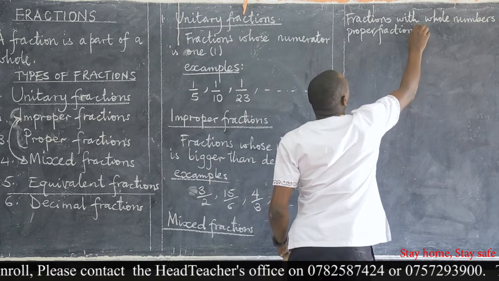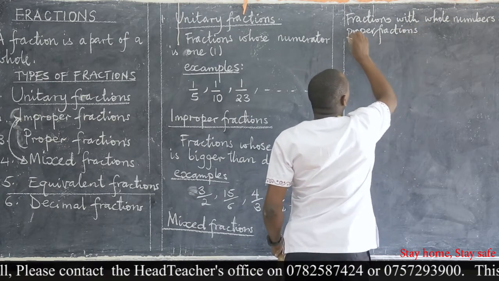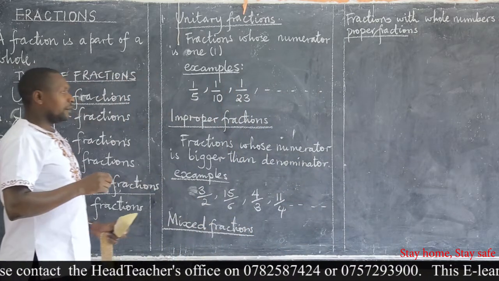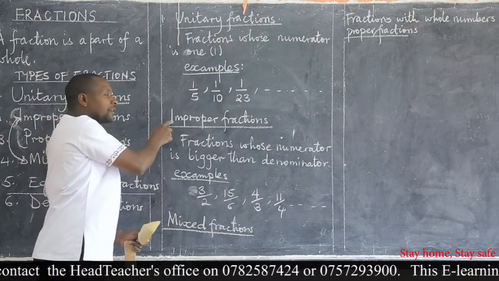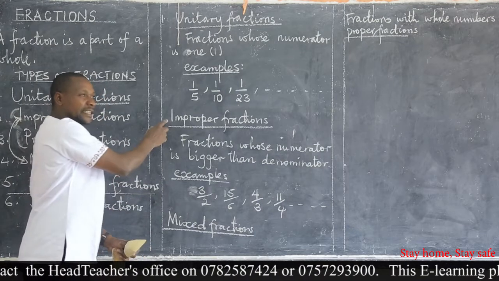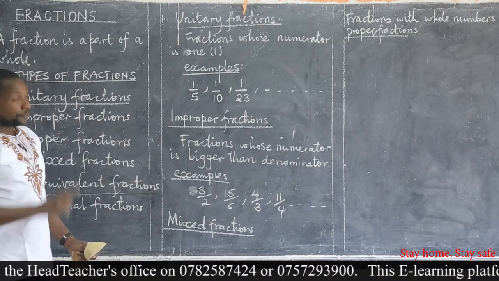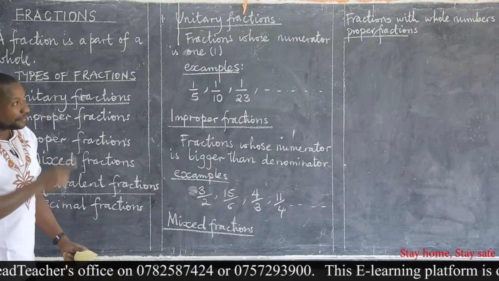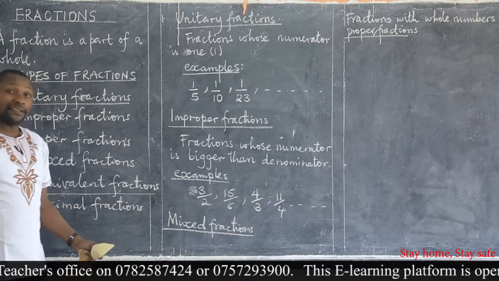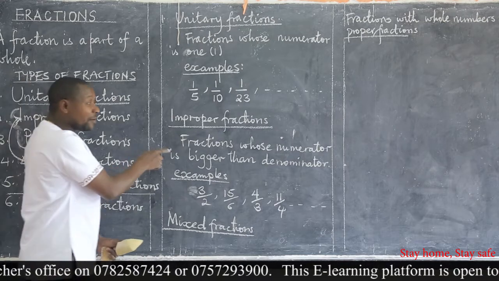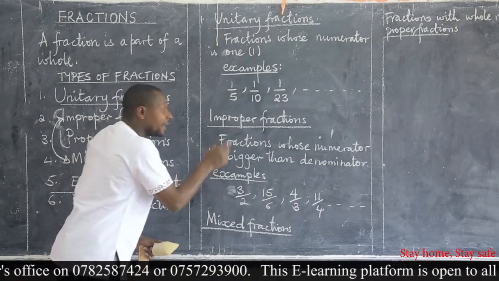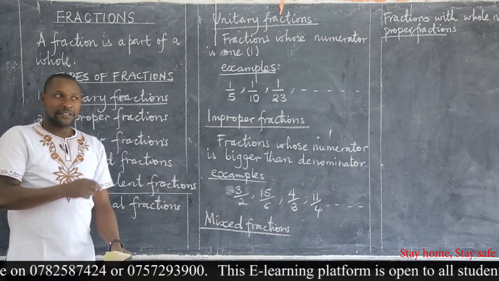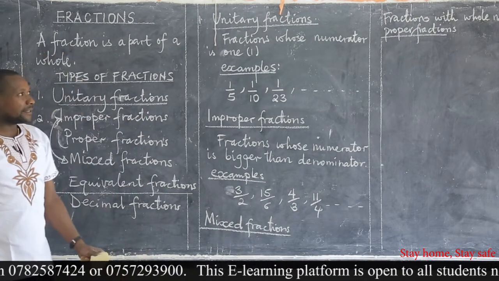Now somebody is saying, teacher, why are you bringing proper fractions now? What are they? Proper is the opposite of improper. Can I have a definition of proper fraction? Because improper, we said, are fractions whose numerator is bigger than the denominator, let it be likewise.